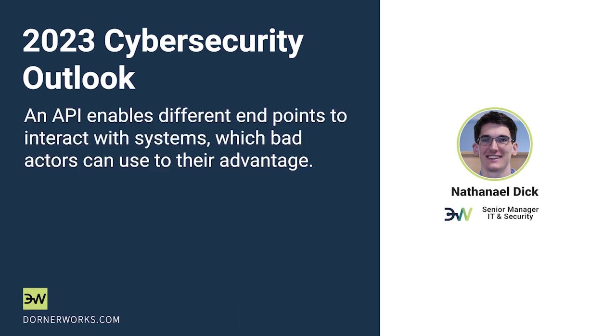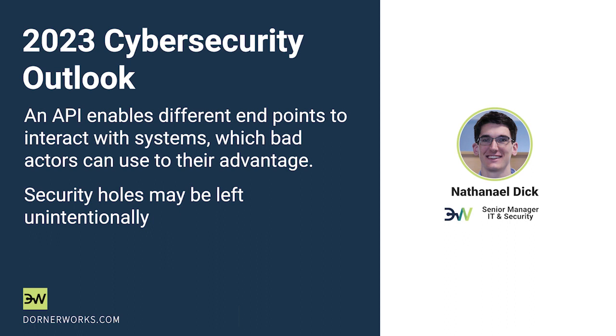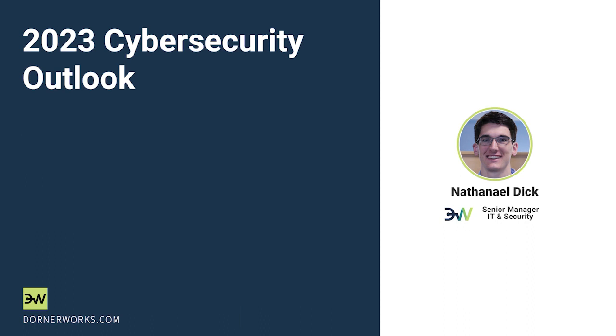An API is the ability to use different endpoints to interact with systems, and hackers can use this to their advantage because APIs are developed, systems are integrated, and sometimes security holes are created inadvertently. So it's important for us as developers to really pay attention to how we integrate security into all aspects of development. We're going to continue to see that as an increasing threat in 2023.